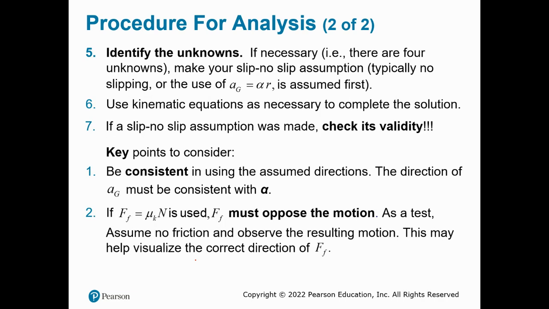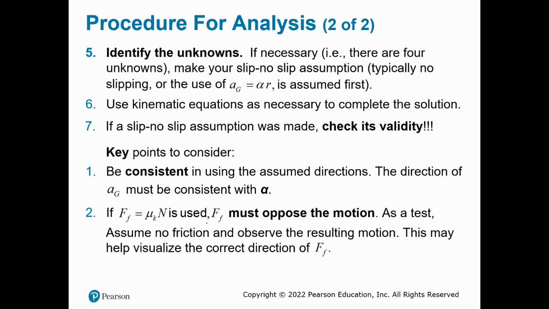Identify the unknowns. If we have four unknowns, we're going to make our assumptions: is it slip or no slip? Typically, no slip, or use a_G equals alpha r, is assumed first, and then use the kinetic equation as necessary to complete the solution. If a no slip assumption was made, you have to check if it's validated, because we're making an assumption. We need to check if our assumptions are correct.